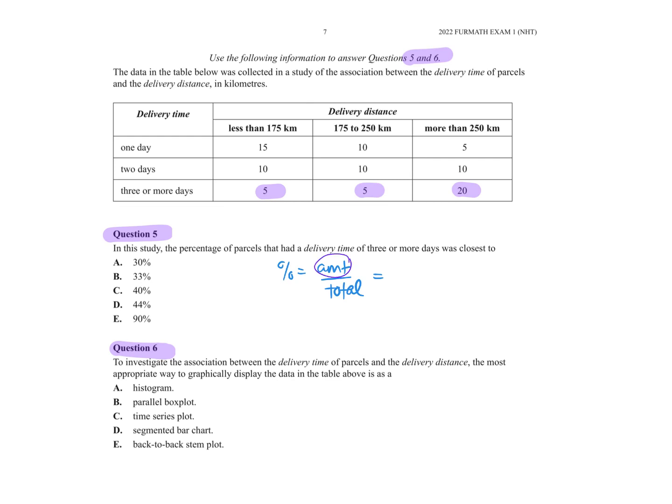That amount, if we add all of them up, was 30. And the total would be all these numbers added up, which I believe add up to 90. Okay? And then we would times it by 100, and we end up with 33%.